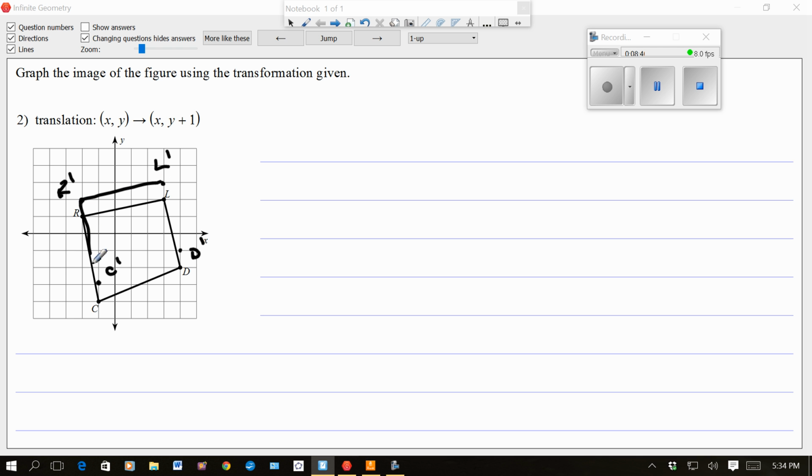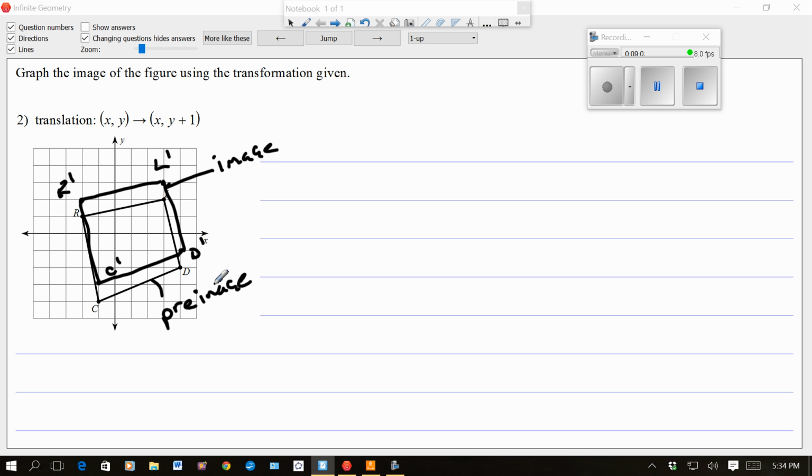You just have to make sure you use a ruler. I can't use one with this, so mine comes out a little messy. Here is my image, and here is my pre-image.